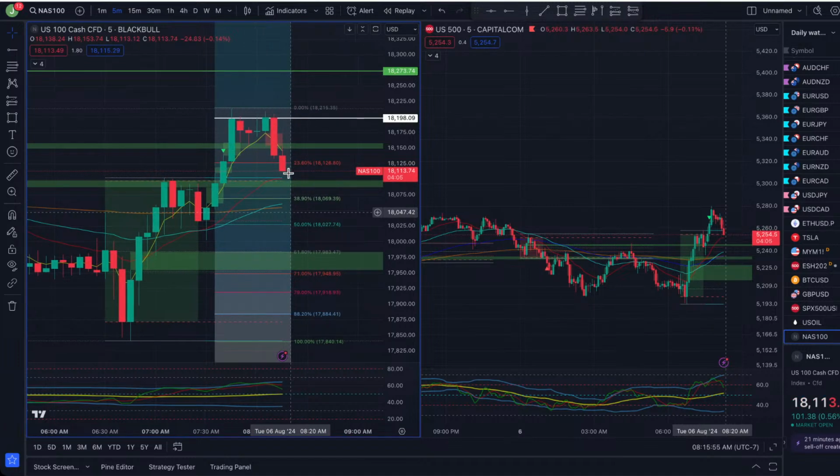Here we go, we're slowly getting to the top of the range, and we're about to hit the 20 EMA.